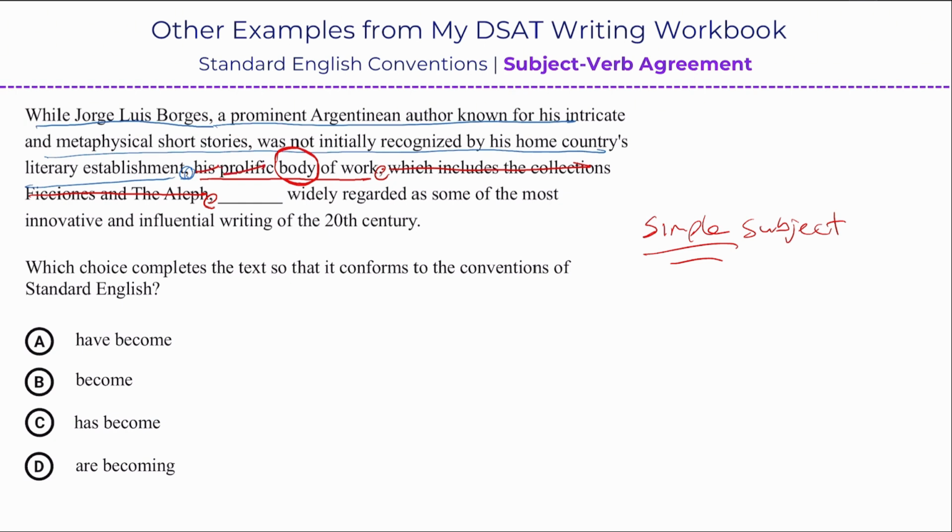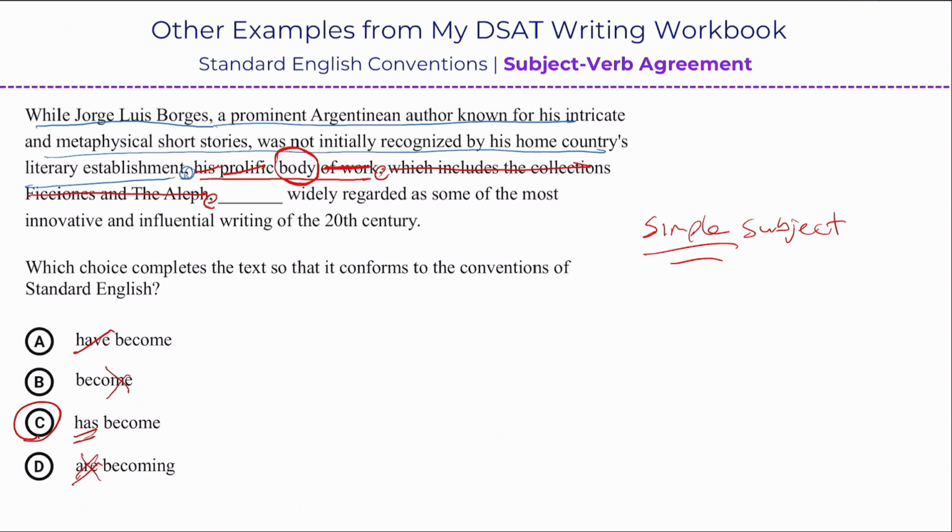So the body is my simple subject here, and body is a singular subject. Because it's a singular subject, it has to agree with the singular verb. So I know that answer choice C is the only answer that works because has is the only singular verb. Have become and are becoming are all plural verbs. Okay, so that's how you would work through this, you guys. Really systematically, and you see me doing the same thing.